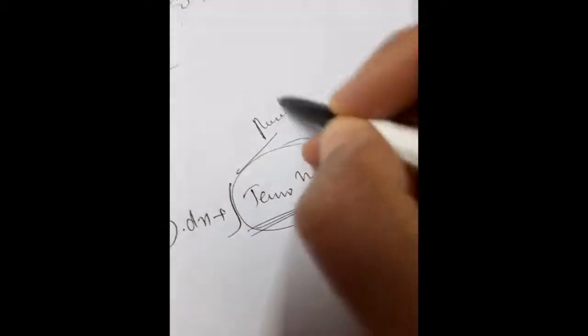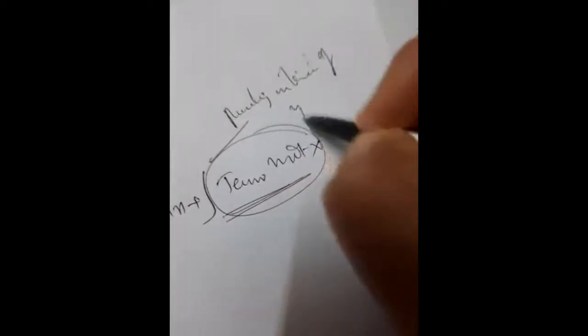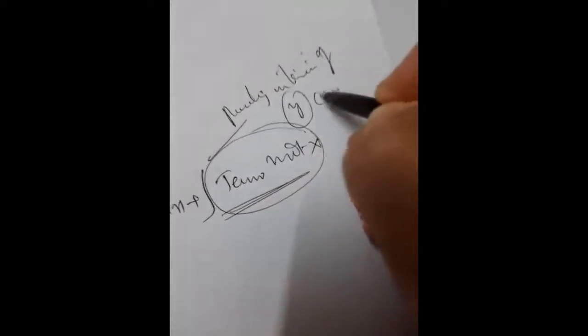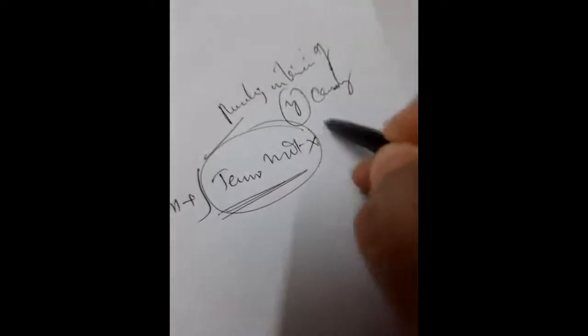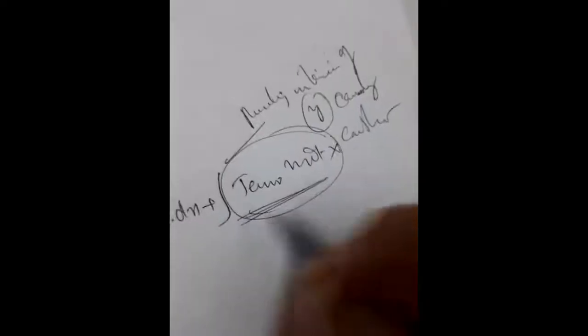That is, terms independent of x. These may be purely in terms of y only, or they may be constants. Not x means the x term should not be there, or x and y combined should not be there. Only purely in terms of y, or constants. So this is the way to find the solution.